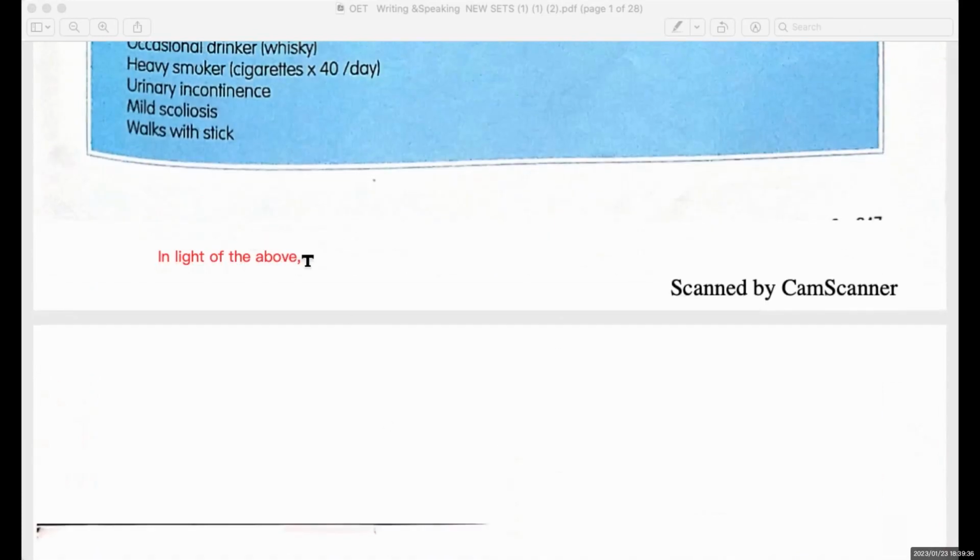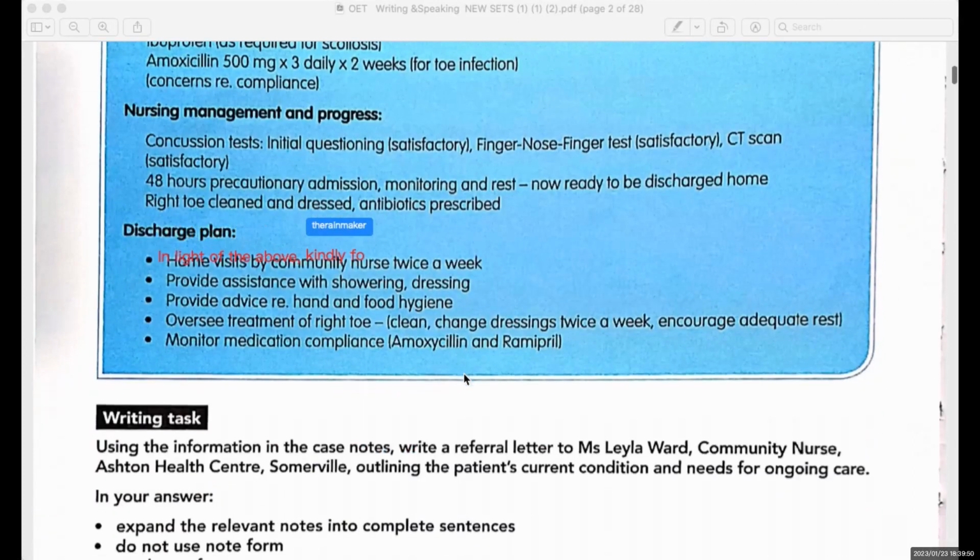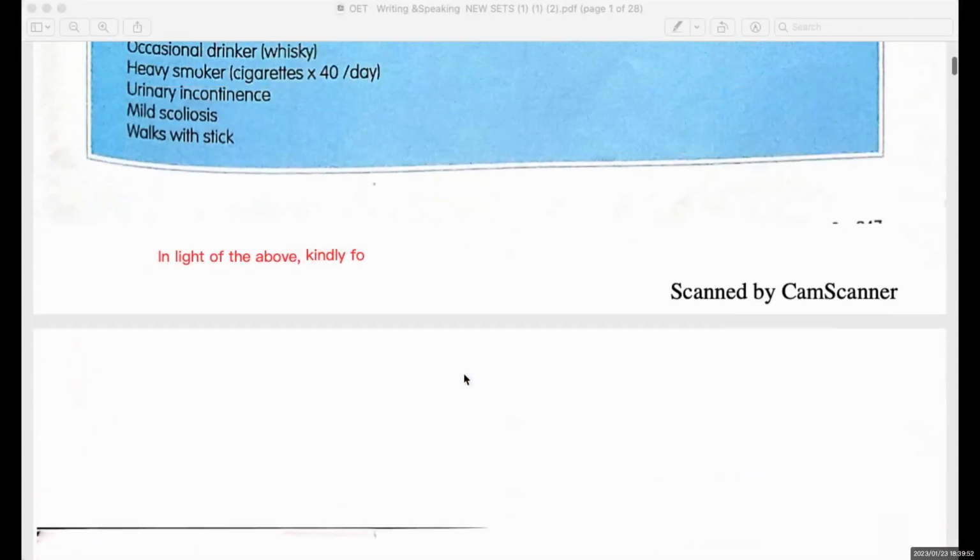So in light of the above, or there's another, considering the above, kindly follow up. What was it? Follow up care? No, I forgot. Wait one second. Kindly provide ongoing care.